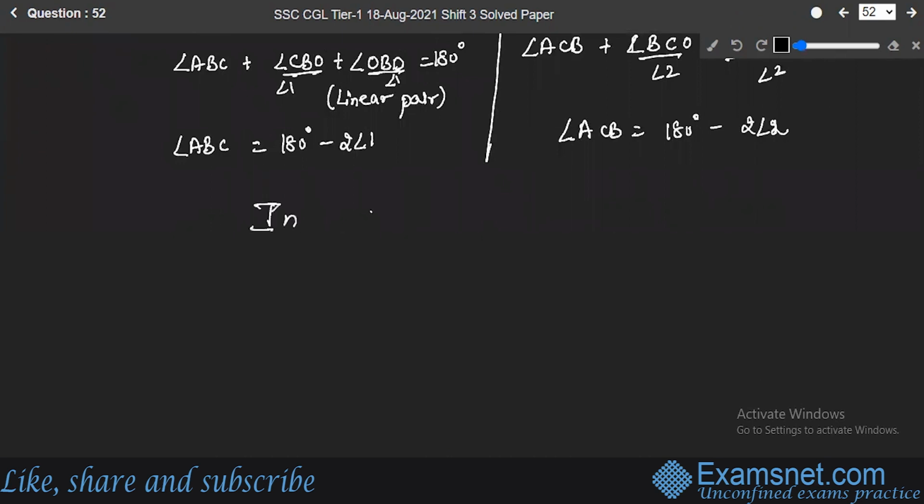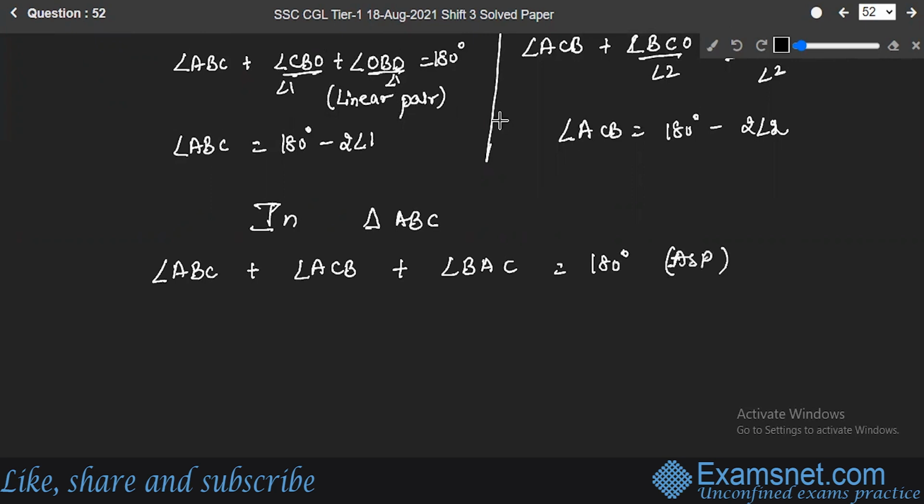In triangle ABC, angle ABC plus angle ACB plus angle BAC, the sum of all these three angles is equal to 180 degrees. Reason, same angle sum property of the triangle. Right. So angle ABC, it is 180 minus twice of angle 1. ACB, I'll pick from here, 180 degrees minus twice angle 2.